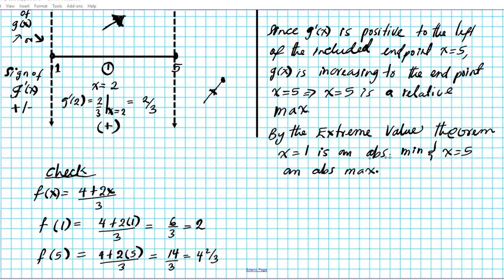So these are the locations of our extrema. Let's just put the words at there. At x equals 1, we have an absolute min, and at x equals 5, we have the absolute maximum.